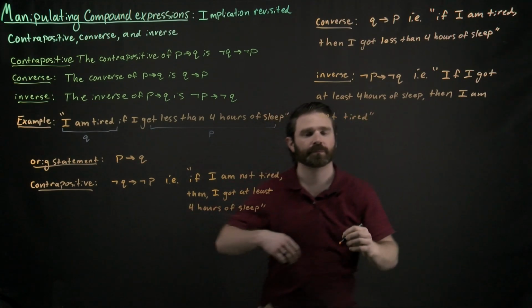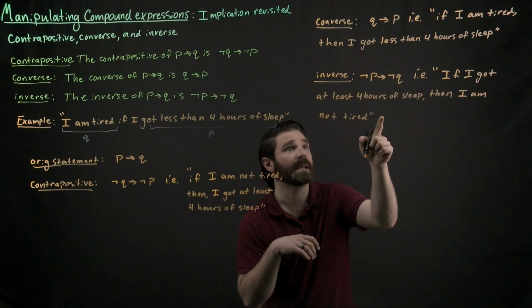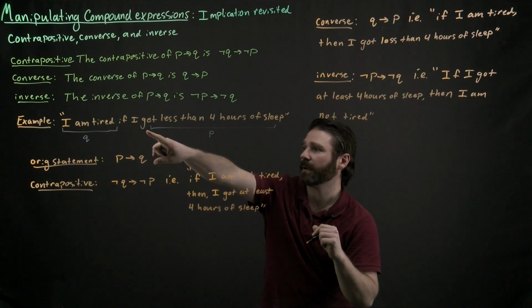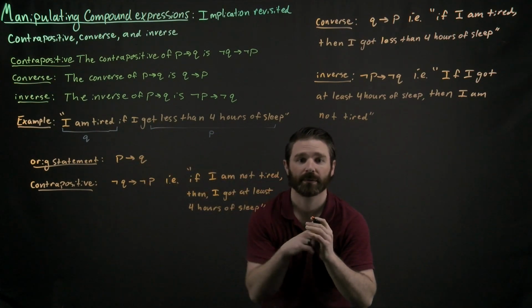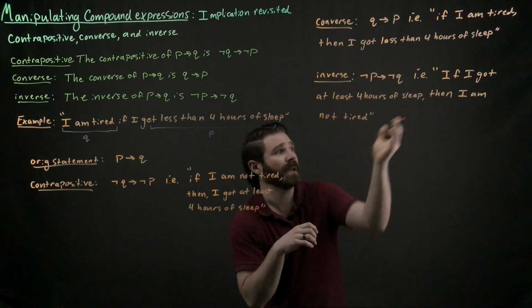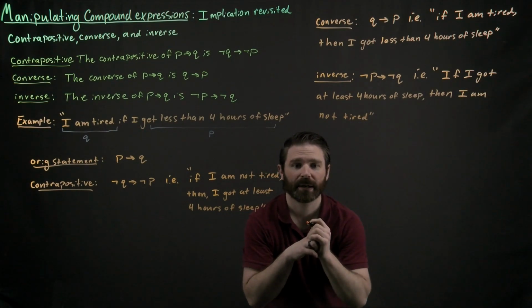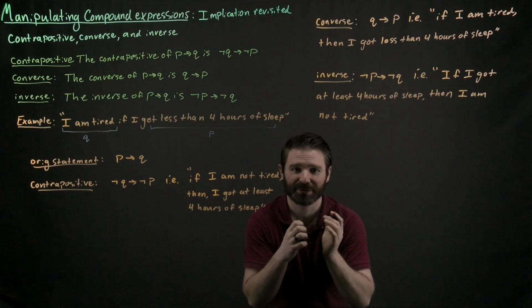Here again, you can see that the inverse is not logically equivalent to our original statement for the same exact reason as before. If I got at least 4 hours of sleep, then I'm not tired? Well, that could not be the case because you could have just run a marathon.